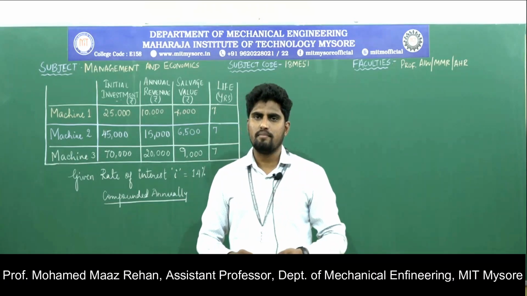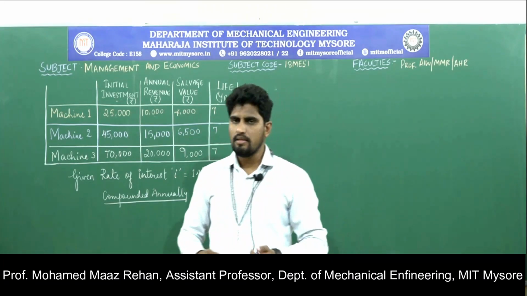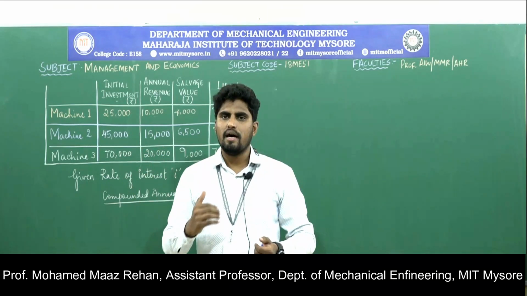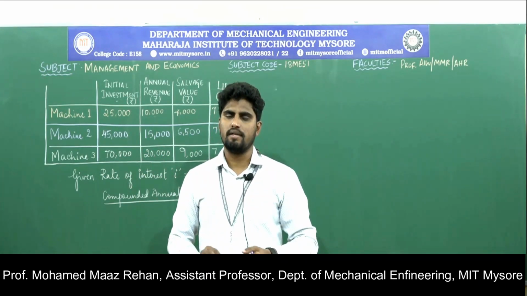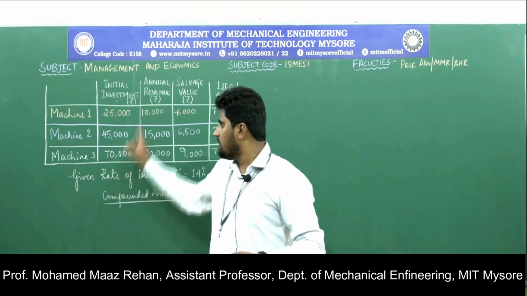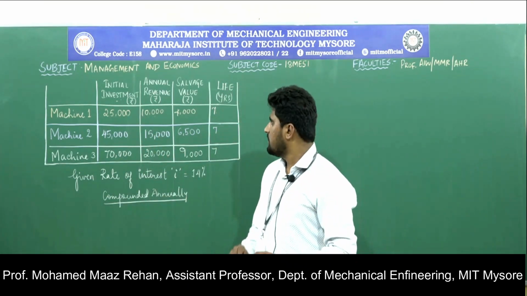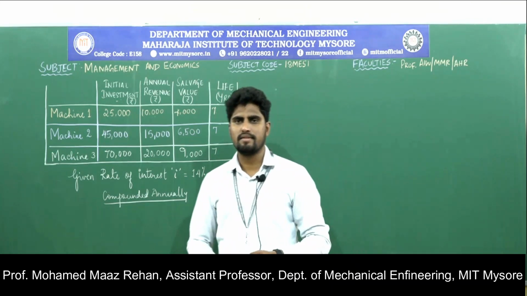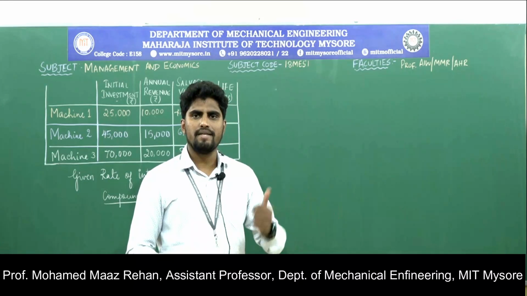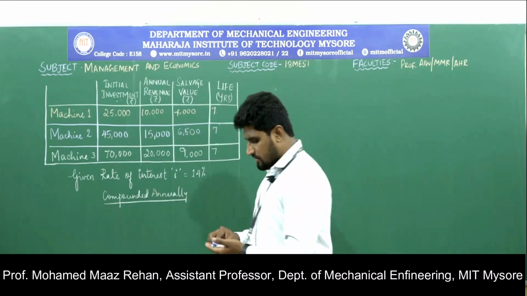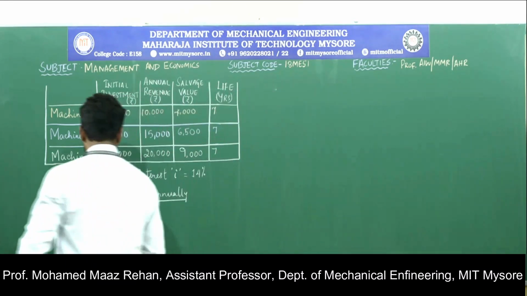We have discussed the procedure: the one having the highest net present worth is the best alternative among these 3 alternatives. How do we proceed with this type of problem? Here we need to compare the present worth. So first you have to write the given data.